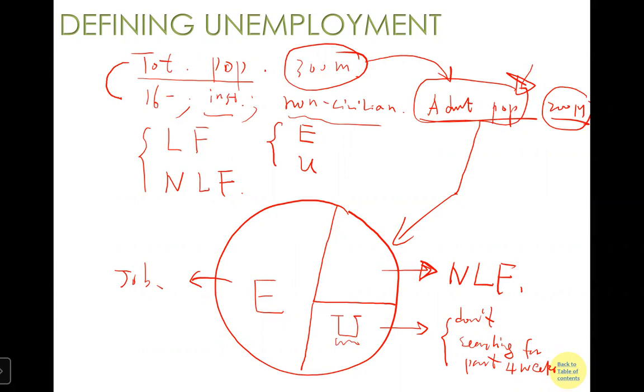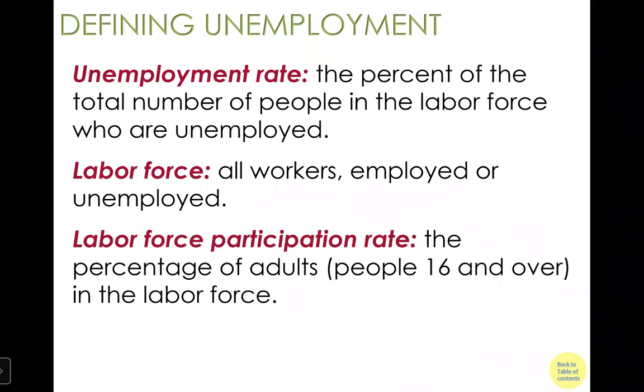You may be considered not in the labor force if you retire, but even if you're retired, you could be looking for a job again. So now let's look at the definition.